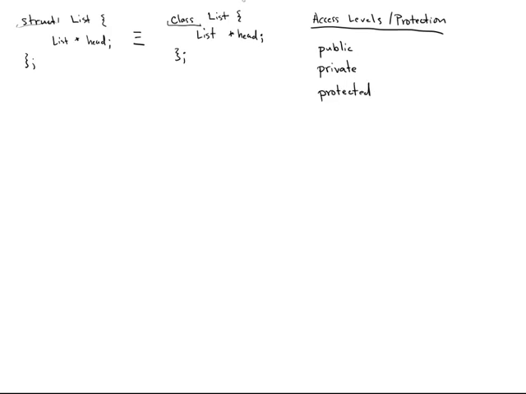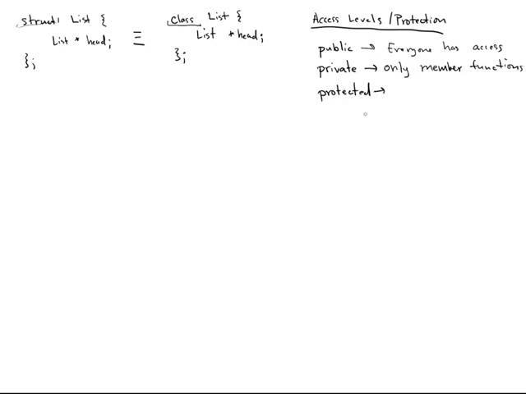When something is public, that means everyone has access to it. When something is private, that means only your member functions have access.